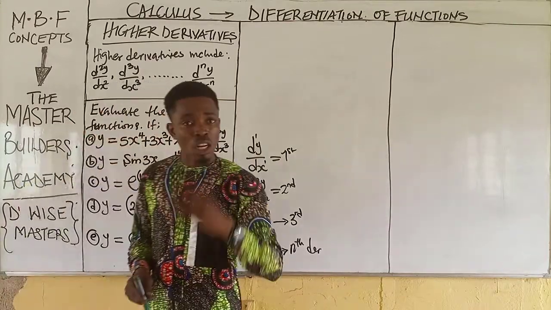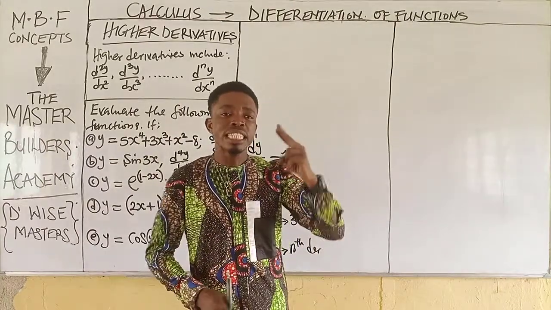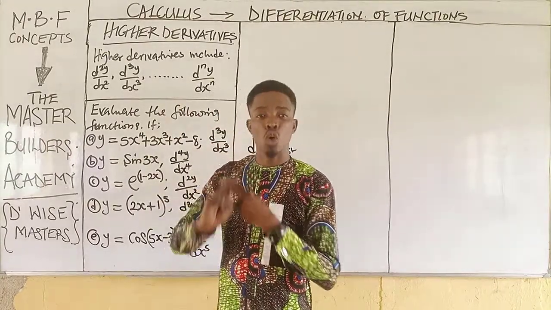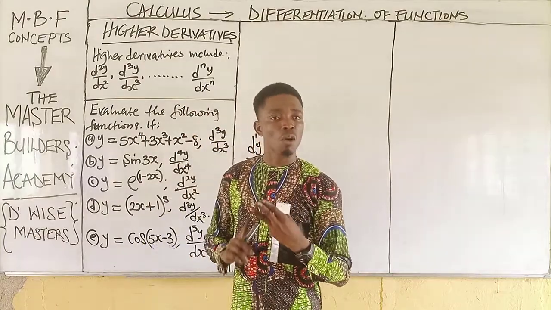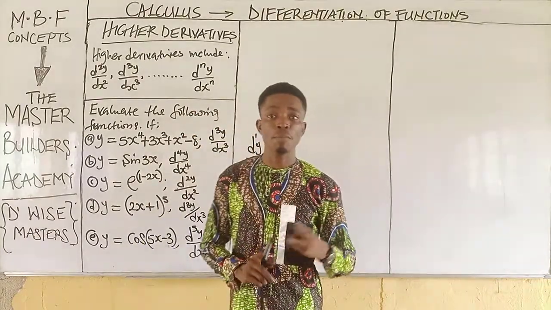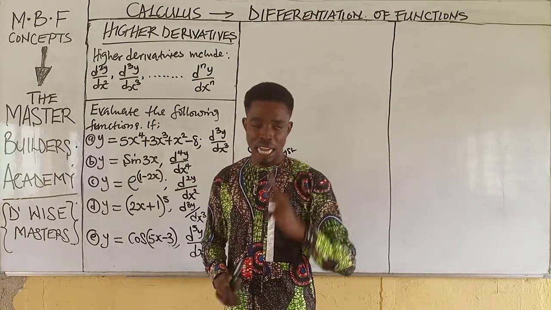So to find the second derivative of any function, it means you are to differentiate the given function 2 consecutive times. To find the third derivative of any function, that is to say, you are to differentiate the given function 3 consecutive times.